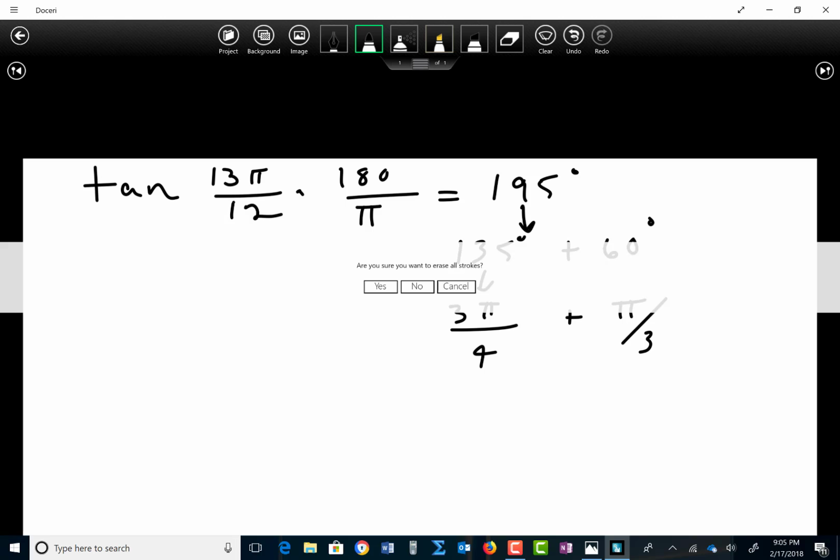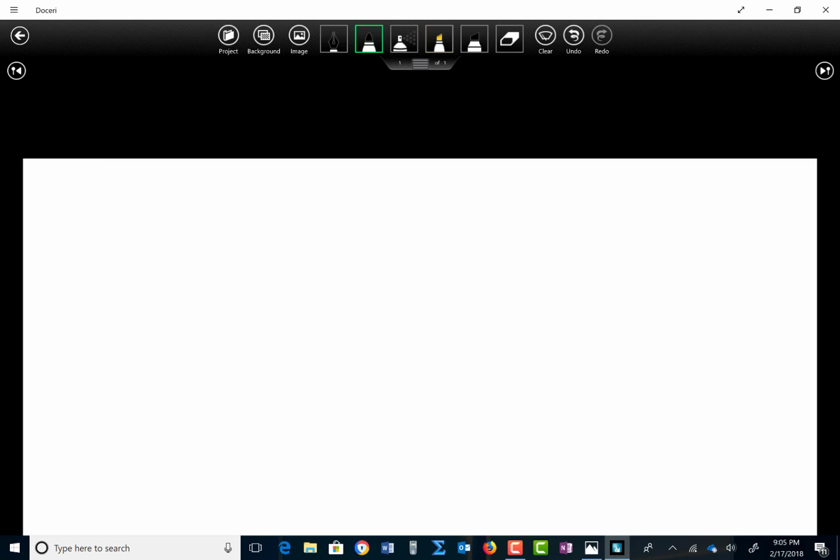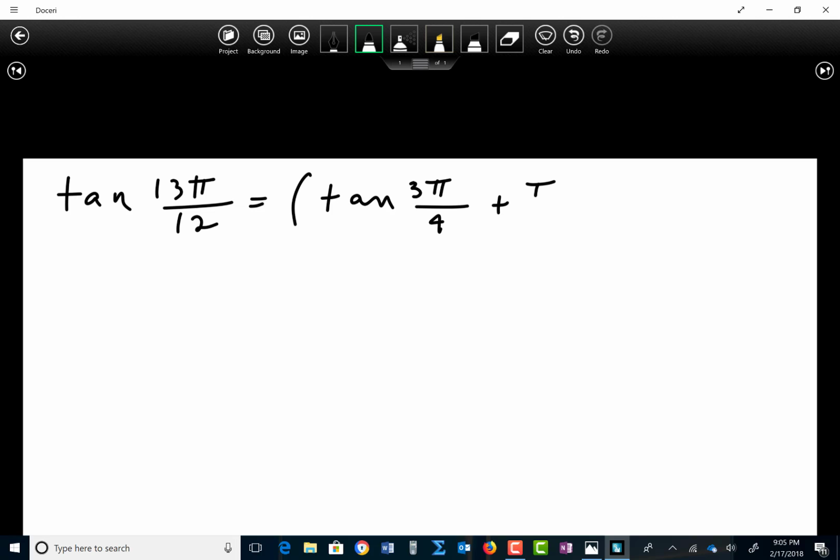So I'm going to clear this slide and put your numbers up there. So tangent of 13 pi over 12 is the same thing as tangent of 3 pi over 4 plus pi over 3.